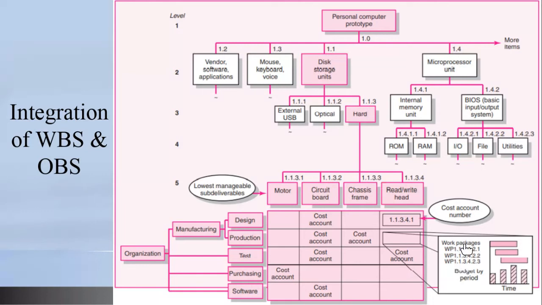You are going to need these numbers to identify your WBS dictionary entries. So these numbers, you just carry them with you. These are called the code of account identifiers. Code of account numbers, they are your identifiers. So you need that for your WBS.